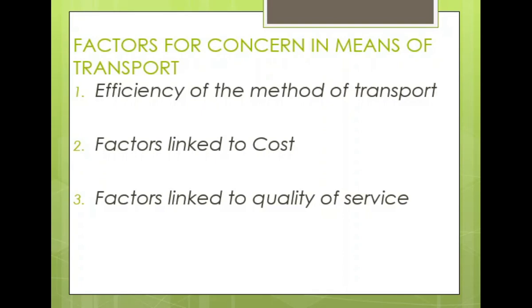One, the efficiency of the method of transport. This refers to the mode of transport. Two, the factors linked to cost, and three, the factors linked to the quality of services. Why?